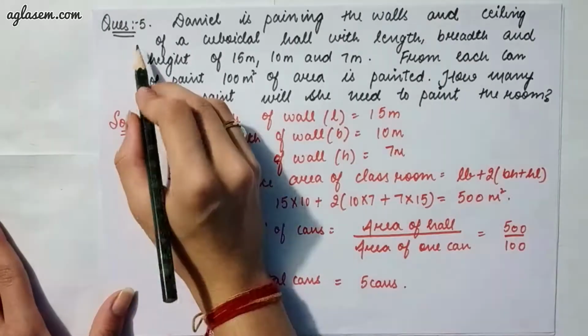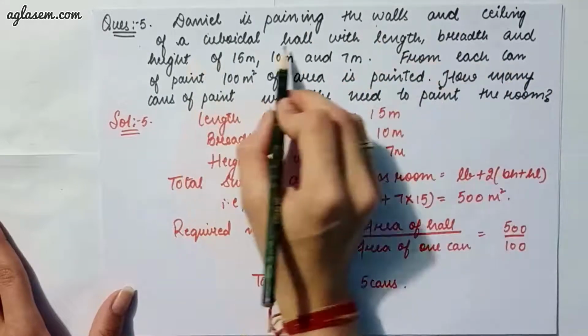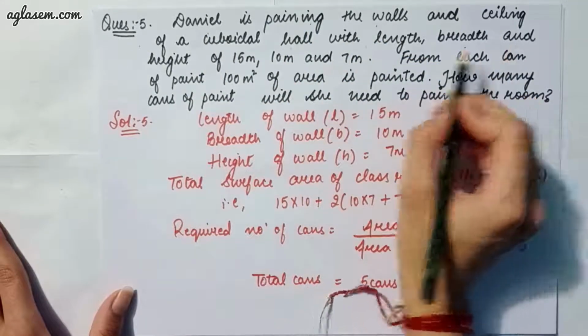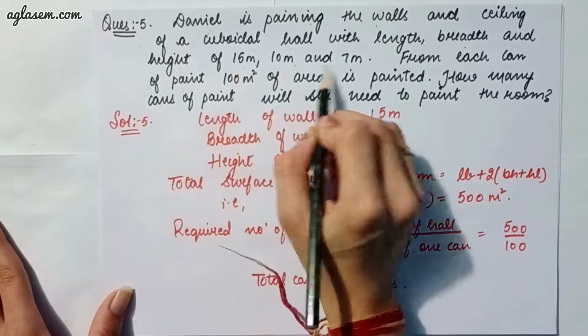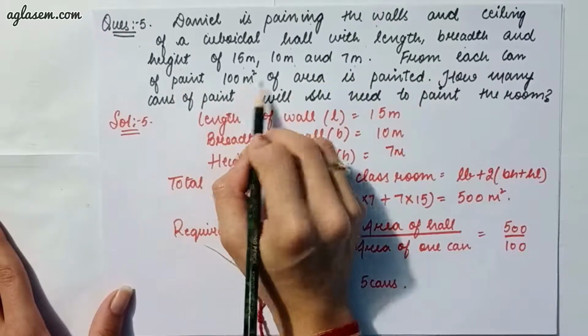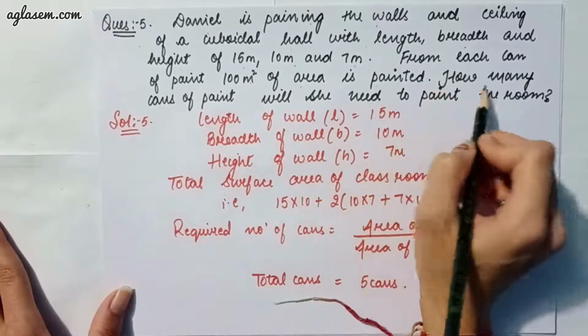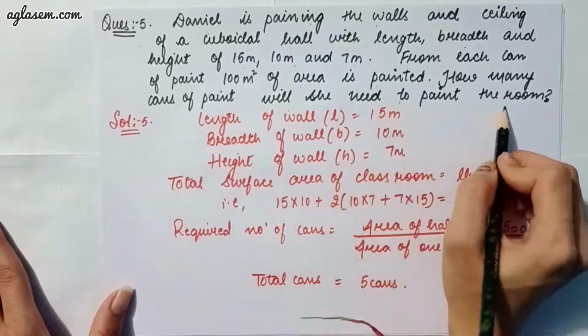Moving to our fifth question, which says Daniel is painting the walls and ceiling of a cuboidal hall with length, breadth and height of 15 meter, 10 meter and 7 meter. From each can of paint, 100 meter square of area is painted. How many cans of paint will be needed to paint the room?